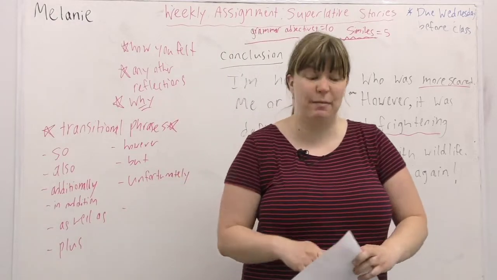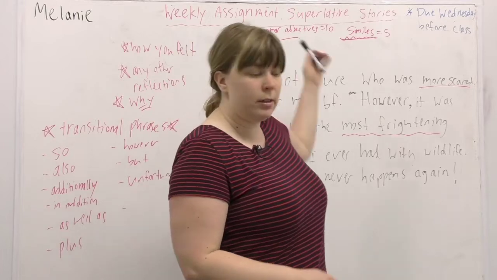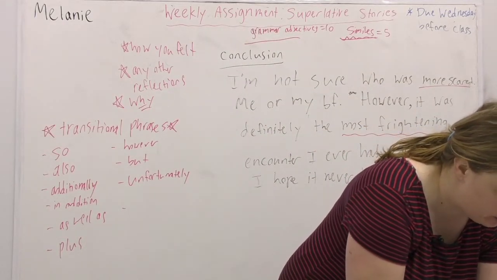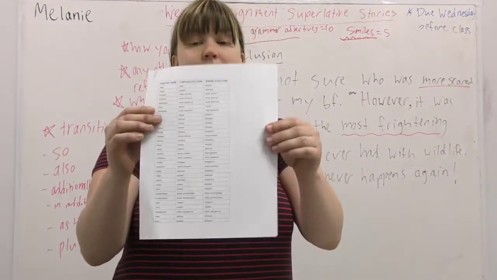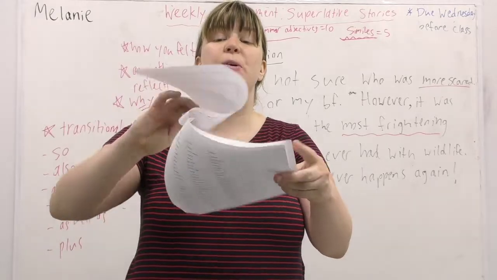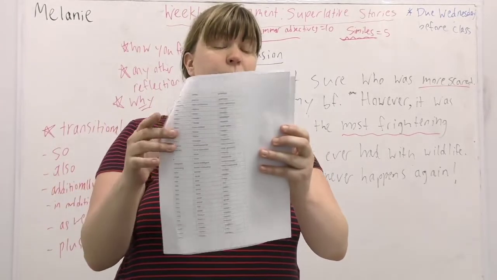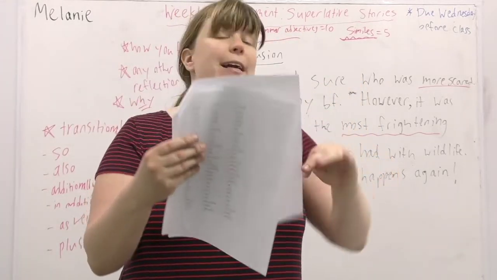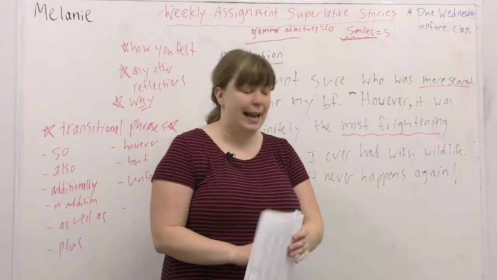Okay, once again, if you are having trouble thinking of some grammar, like which adjectives to use, you could refer to this. This list has so many adjectives and it has their comparative and superlative form. So this can really help you if you are stuck on what to do for the adjectives.